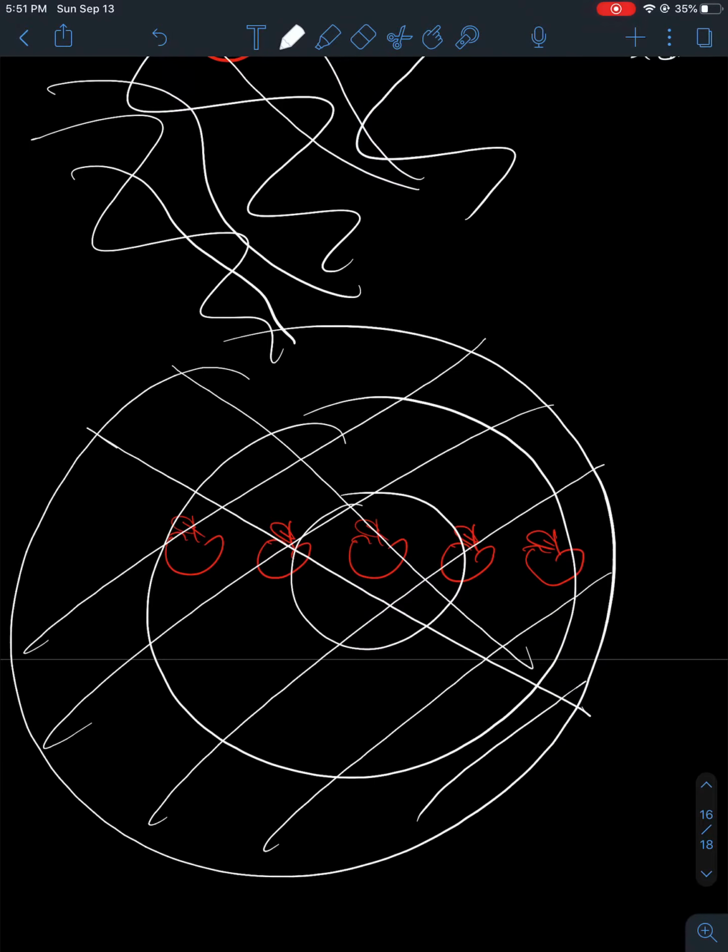The apples didn't change quantity. So the number 5 would be a tensor because it is invariant when I change the coordinate system that I am using.